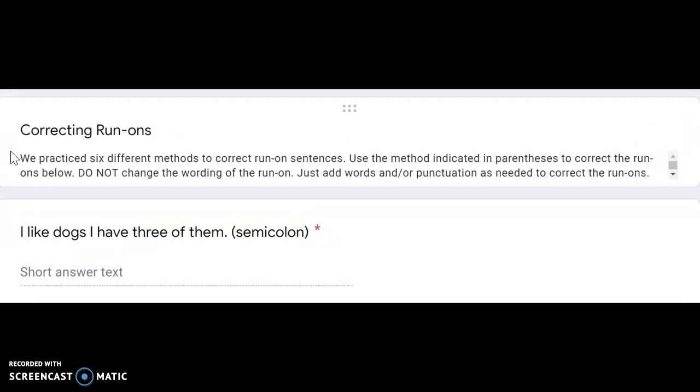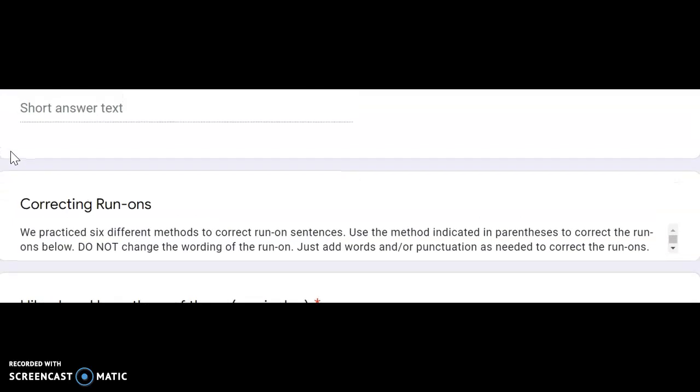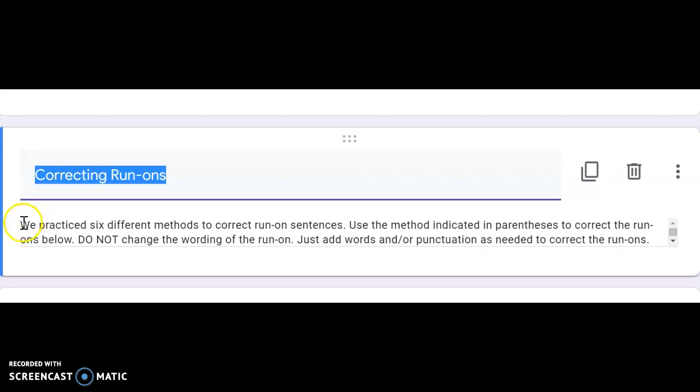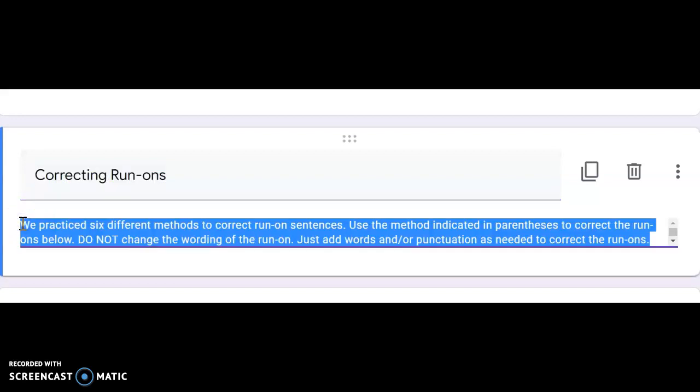Then we come down to correcting run-ons. So you're going to rewrite these run-ons as correct, proper sentences, just like you did with the fragments. But here the directions are a little bit different, but some of those same requirements still stand.